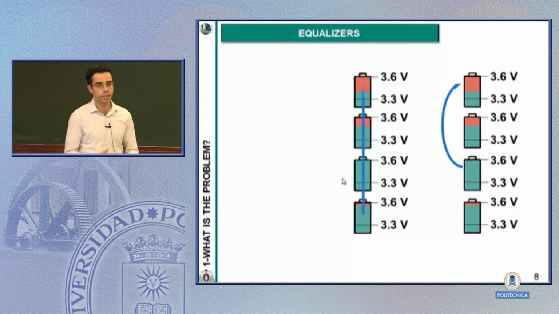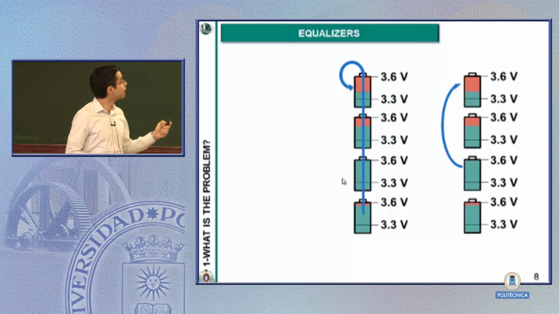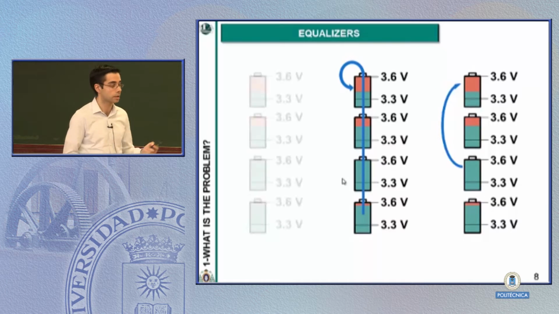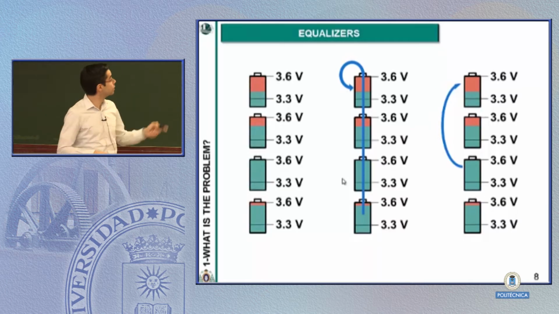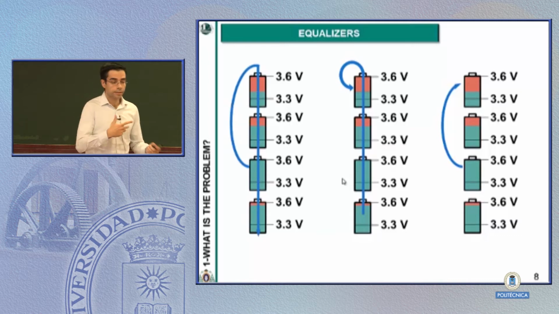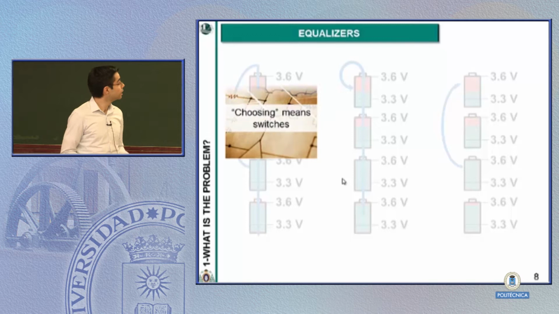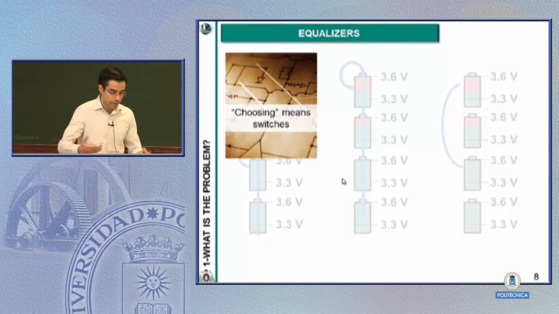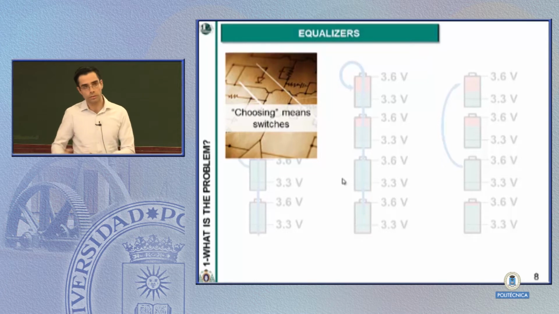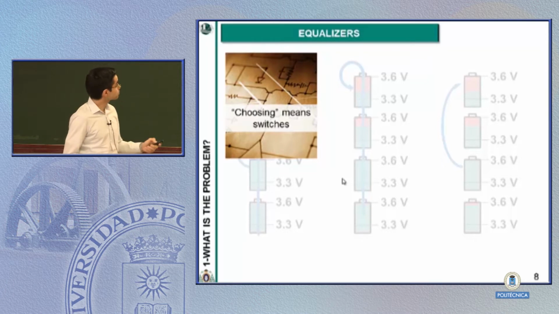Another option is extracting energy from the whole pack and injecting that energy into the most discharged cell, the cell with the lowest amount of energy. And the other way around, another option is detecting the most charged cell and injecting the energy into the pack. If you have noticed, I've been talking about selecting, injecting, detecting, and choosing or connecting, it doesn't matter, means a lot of switches in nearly all topologies of equalizers.